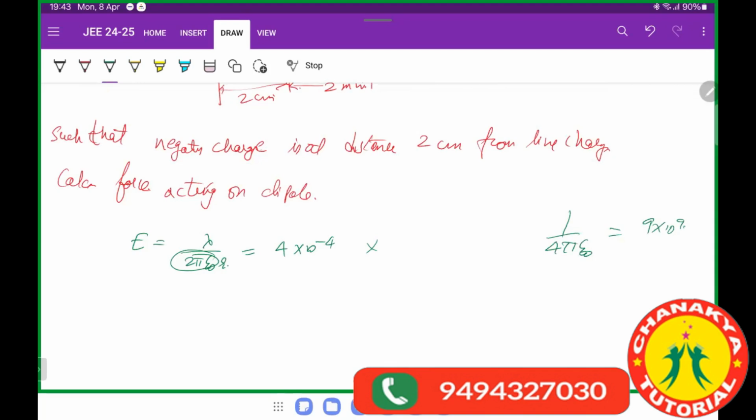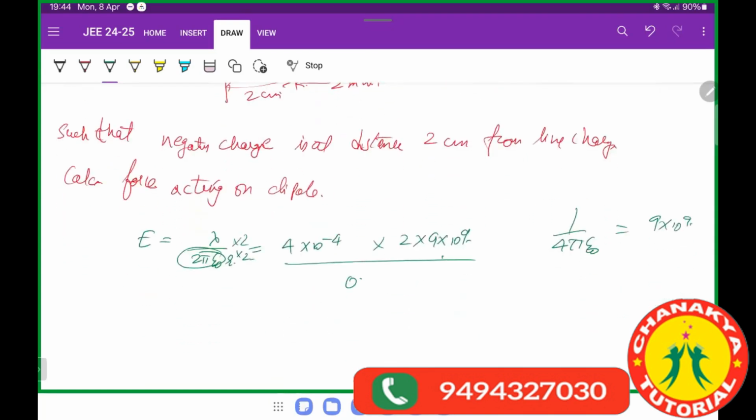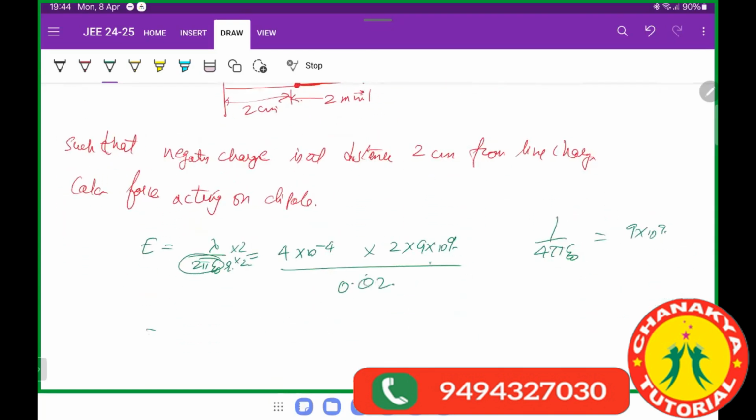So what can I do here? If I multiply by 2 and divide by 2, I can do that, right? So 2 into 9 into 10 to power 9 divided by R square, where R means 0.02. So find this value.